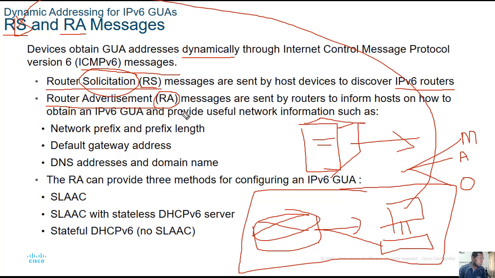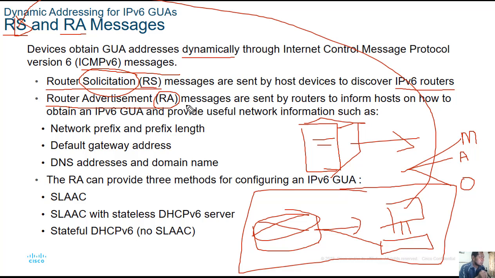So two types of messages are used. Remember, if IPv6 addresses are going to be allocated dynamically, that's router solicitation, which basically means host devices solicit, or they query, or they ask using these RS messages to find out if there are any IPv6 routers or servers available.